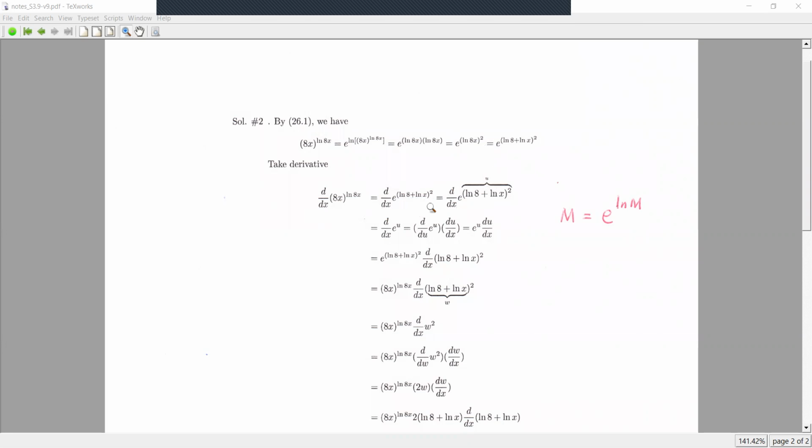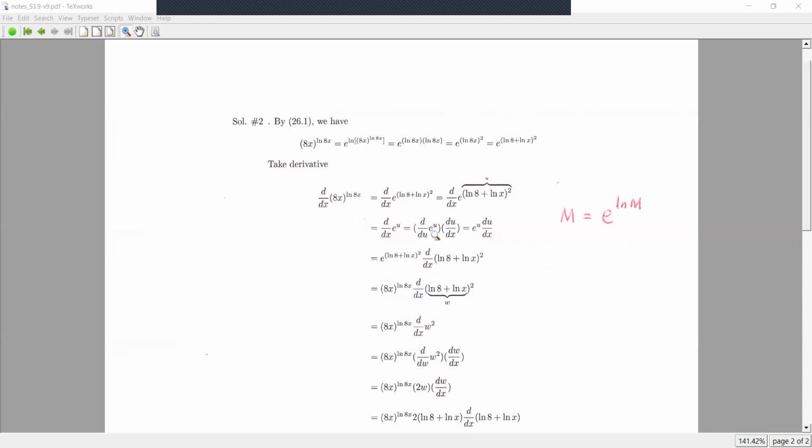Then the function becomes e to u. Now apply the chain rule to compute this derivative by inserting du to the bottom and to the top. Then this derivative is the product of these two derivatives.